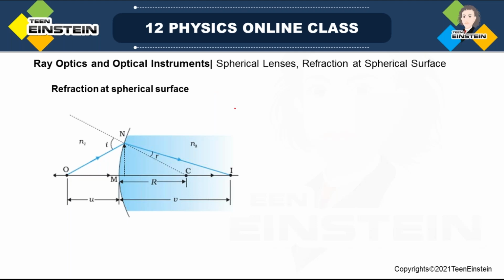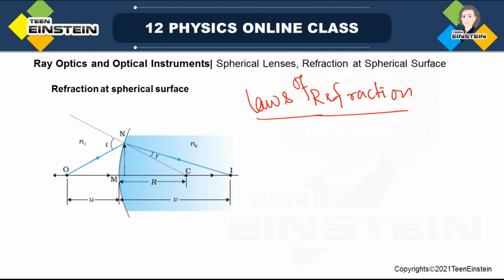You might be a little bit surprised about what might be happening to the rules for refraction. What might be the case? Laws of refraction, how will they be applicable?